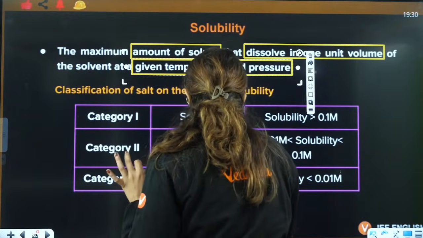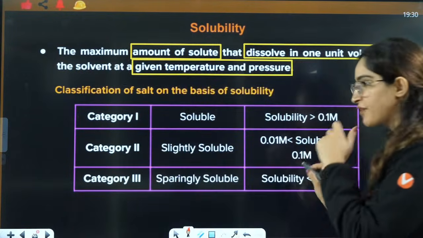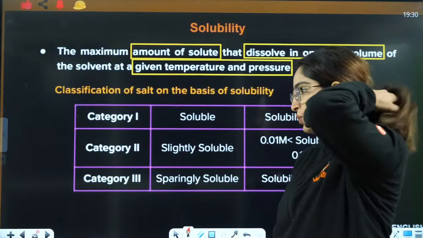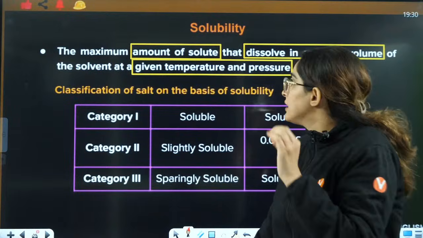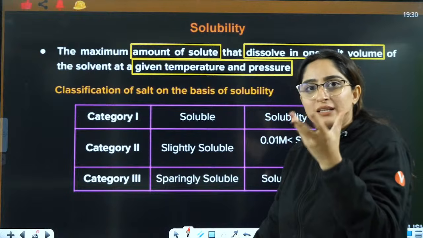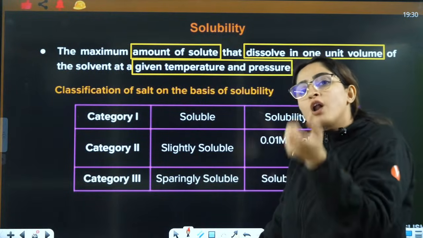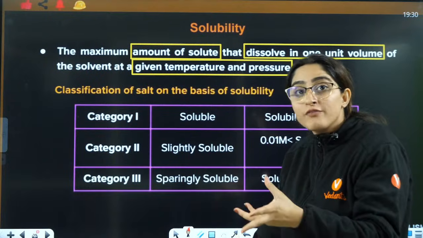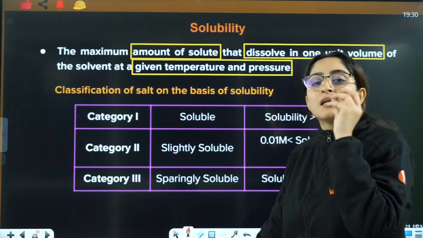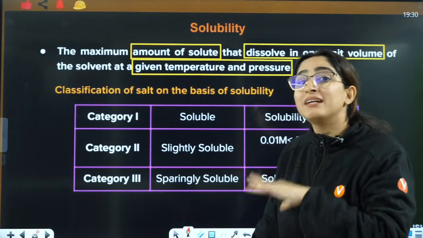When some specific temperature and pressure is given to you, they are asking how much solute you can dissolve in this particular solvent. That is called solubility, right?